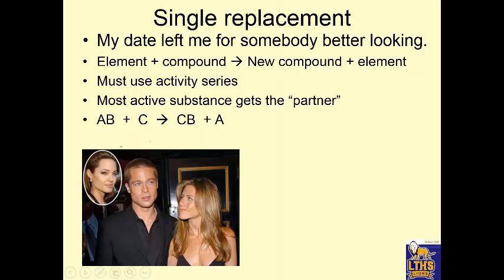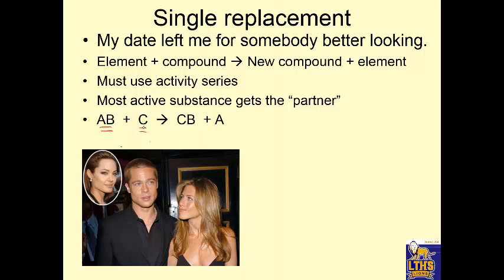Okay? Right. The next kind of reaction is single replacement. So this is kind of a soap opera type of reaction because you're going to take an element and a compound, you're going to react them to produce a new compound and a different element. It's kind of like you have a happy couple making a compound, right? And then an element that's like a home wrecker.